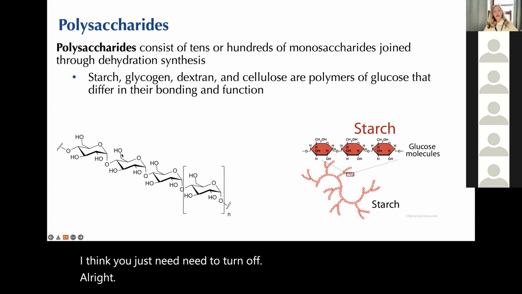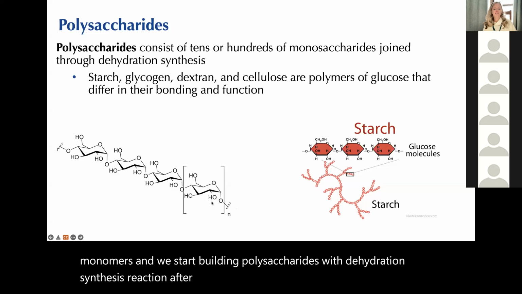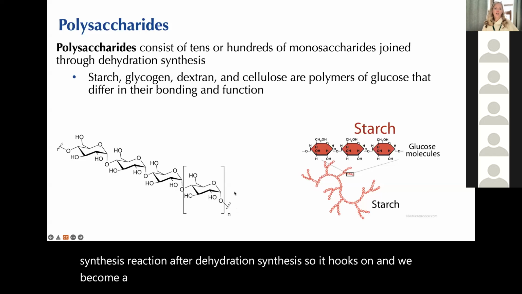So one disaccharide, and then we start hooking on more monomers, and we start building polysaccharides with dehydration synthesis reactions. It hooks on and we become a polysaccharide, a long chain of monosaccharides.